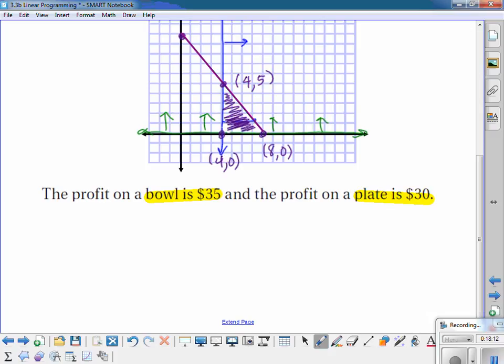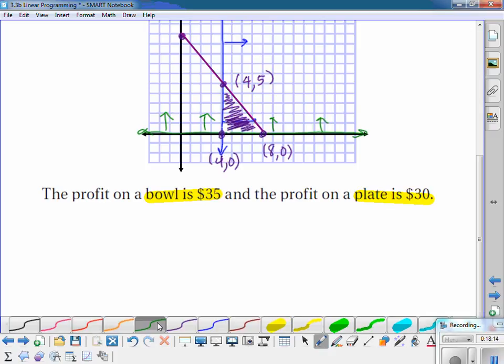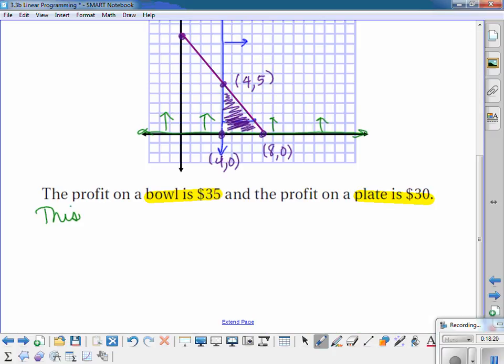So, is this what I want to maximize? Yeah, the whole point is to make money, right? So, this is what I want to maximize. If it's the thing that you want to maximize, that is your objective function.